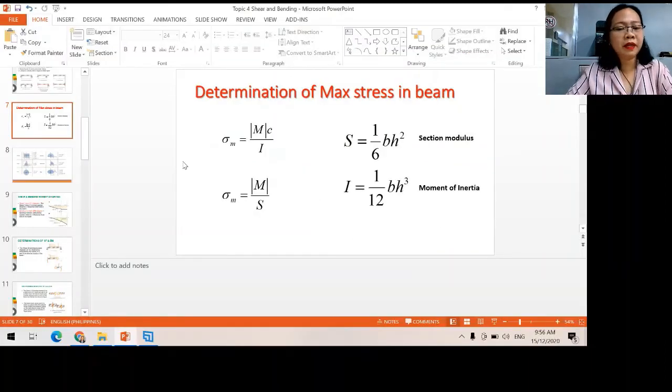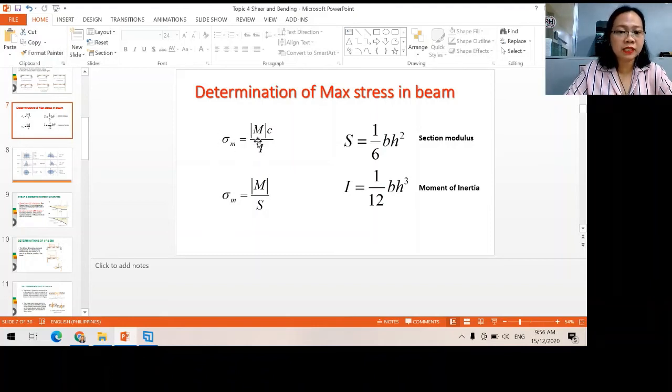Our next topic is the determination of maximum stress felt by the beam. So we have formulas here for easier reference, and if you want to derive this equation, kung ahani siya gikan, you are very much welcome, and you can find that in our textbook. So for easier access, you have to familiarize this formula.